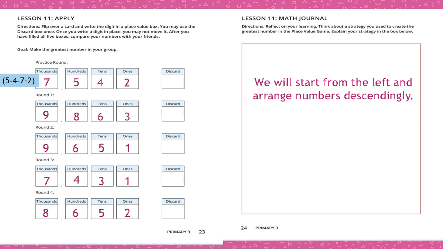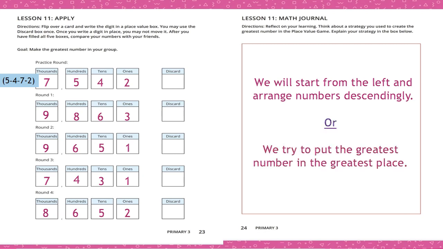Descending means start from the greatest number. So I started with the greatest digit, which was 7, then 5, then 4, then 2.